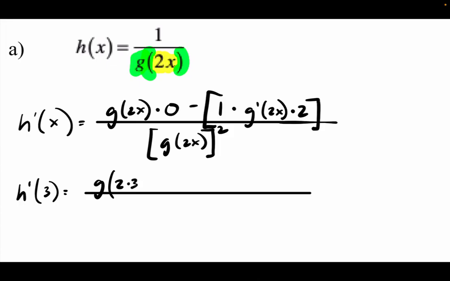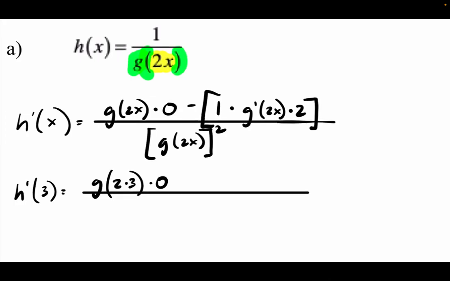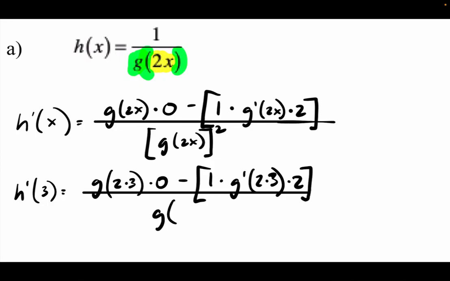It's not 23, it's 2 times 3 because it's 2x. 2x is 2 times x times 0 minus 1 times g prime of 2 times x again. Well, instead of 2 times x, it's 2 times 3, times 2. The bottom is another 2x. So instead of 2 times x, it's 2 times 3, squared.